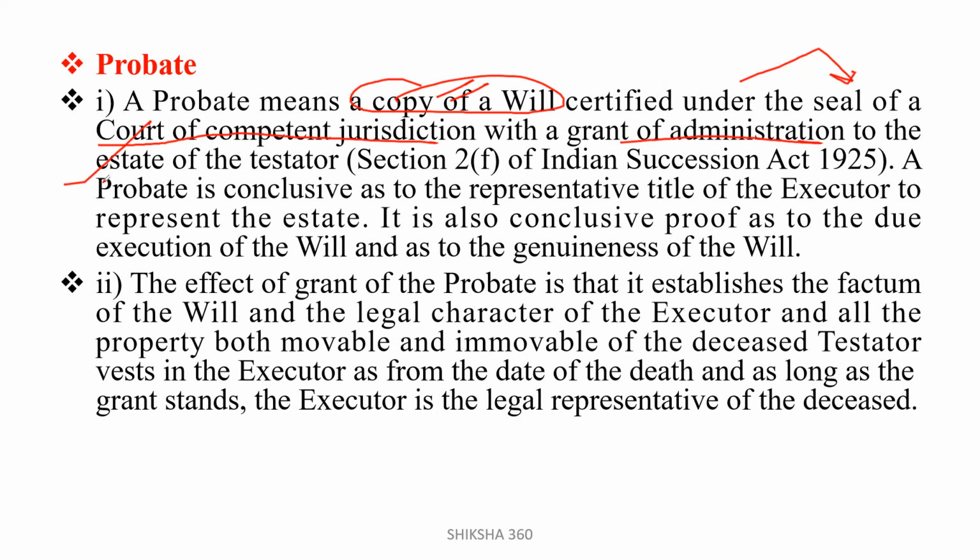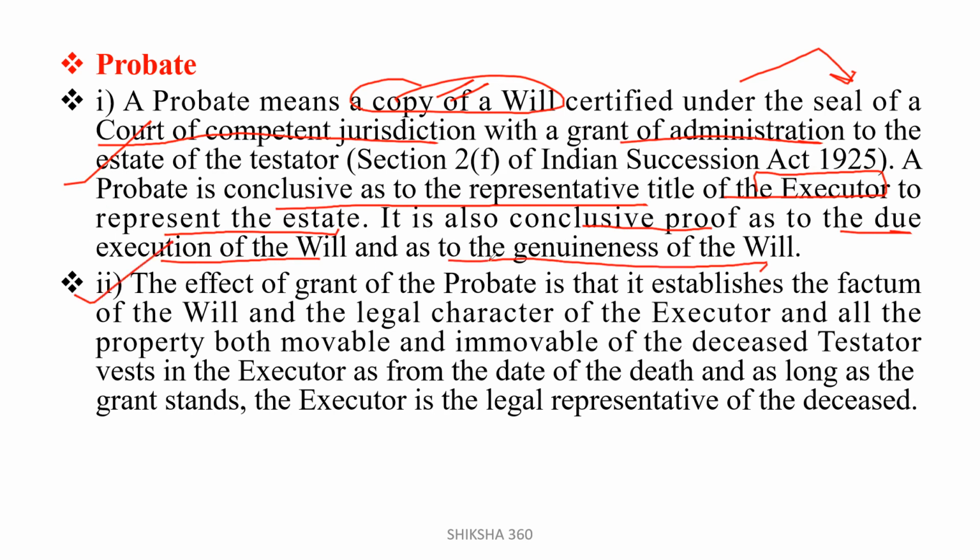A probate is conclusive as to representative title of the executor to represent the estate. It is also conclusive proof as to the due execution of the will and as to the genuineness of the will.